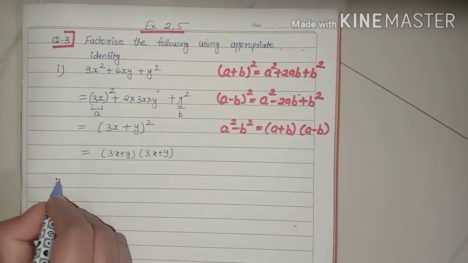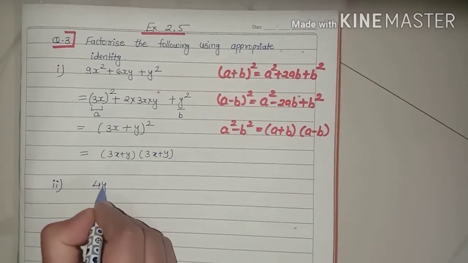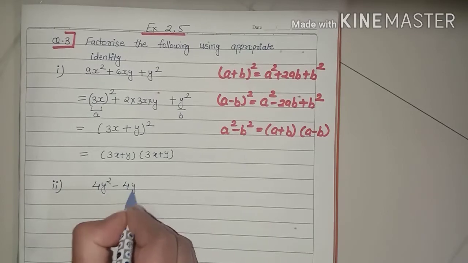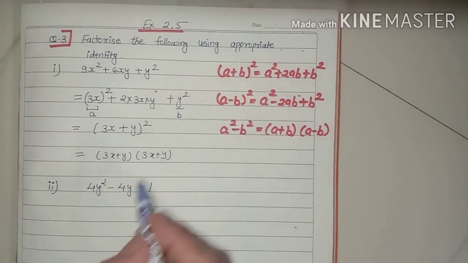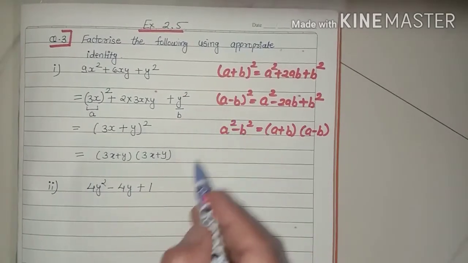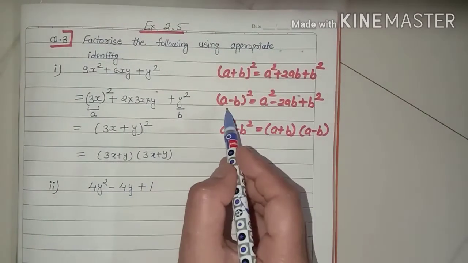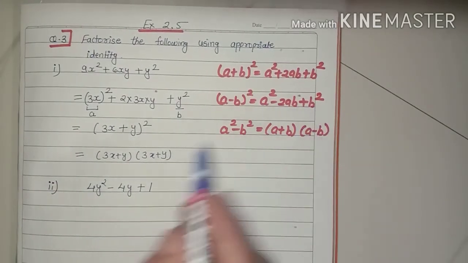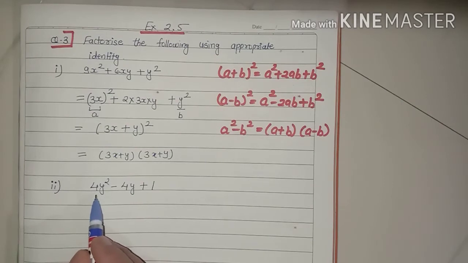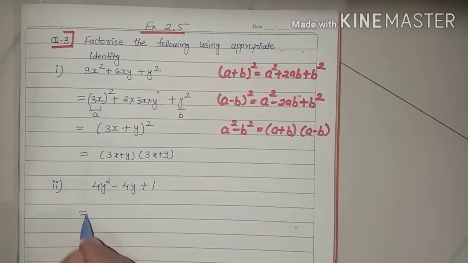Now the second part of this question is 4y square minus 4y plus 1. Again you have to check which identity we can use. As you can see, student, this second identity, the expanded form is a square minus 2ab plus b square, and here the question is also in negative form: 4y square minus 4y plus 1.